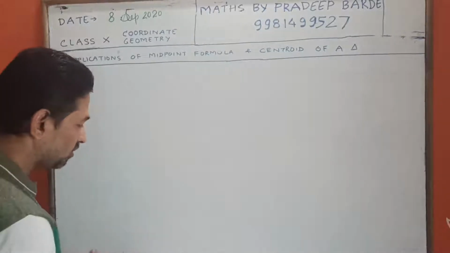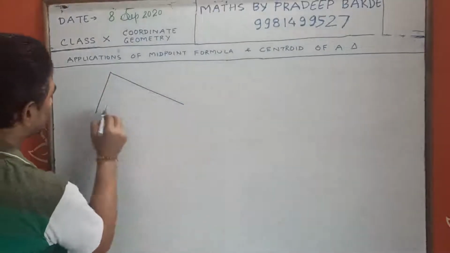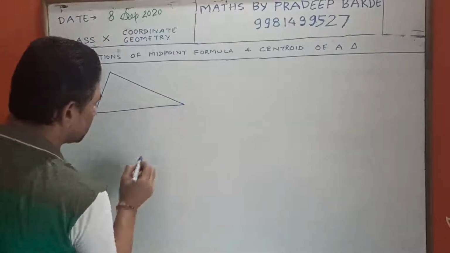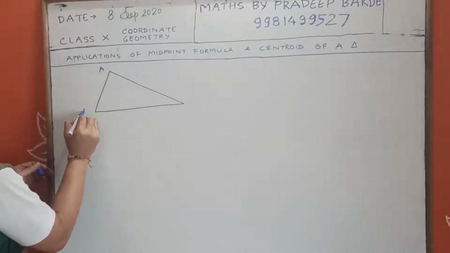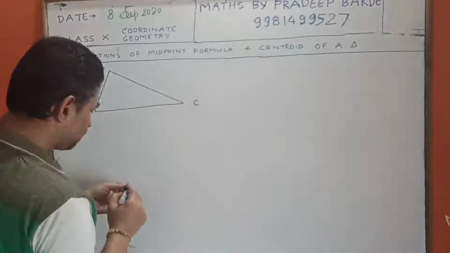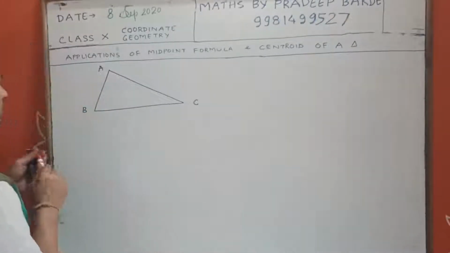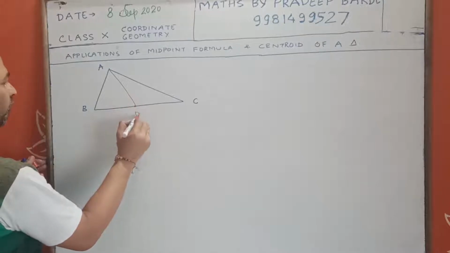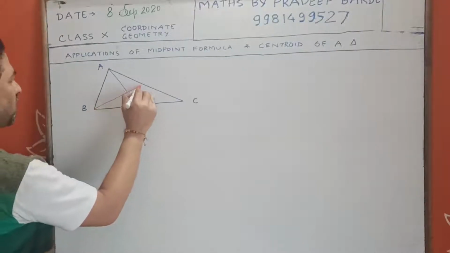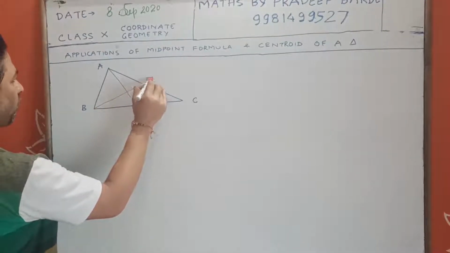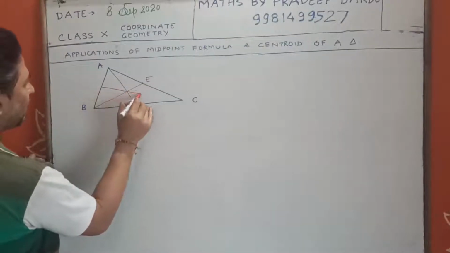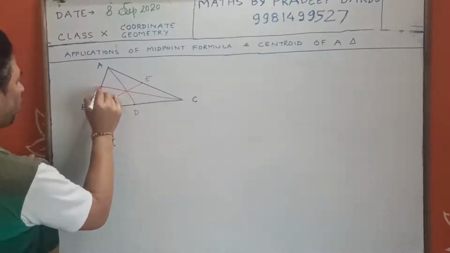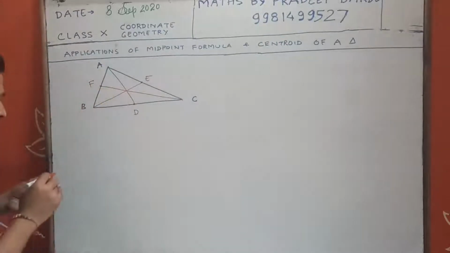बच्चों, जैसा कि पहले भी हमने डिस्कस किया था कि when we draw the medians, these basic concepts are very very important students. Remember, so here AD, BE and CF, these are three medians.